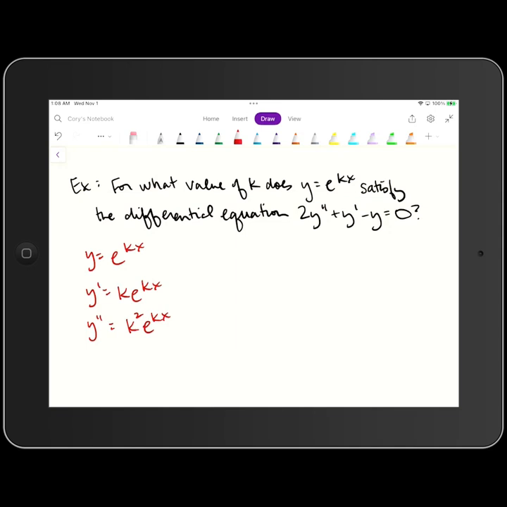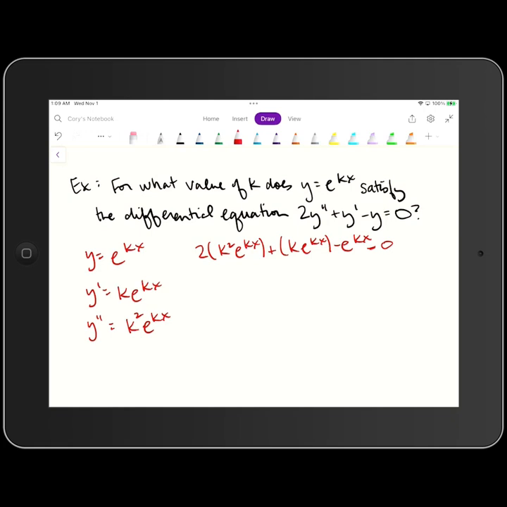That's going to give me 2 times k squared times e raised to the kx power, plus k times e raised to the kx power, minus y, which is e raised to the kx power, equals 0.